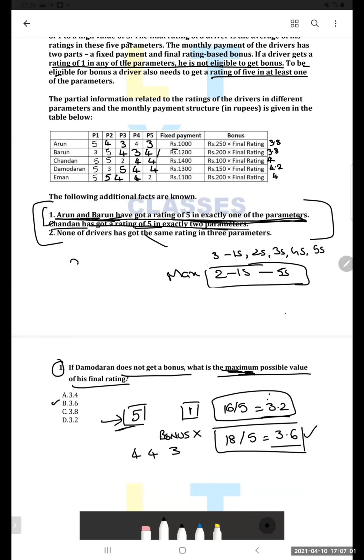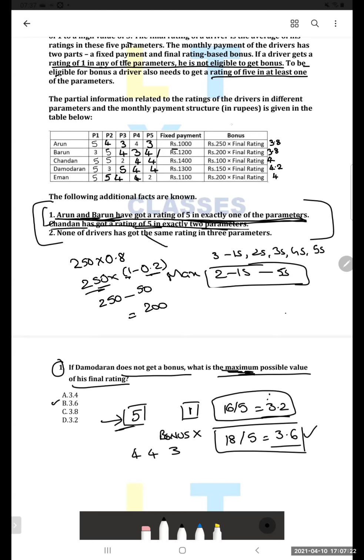I'll tell you how I calculated. We're calculating 250 into 0.8. What I did was 250 into 1 minus 0.2. You can write it like this. 250 times 1 is 250. 0.2 times 250 is 50. 250 minus 50 is 200.